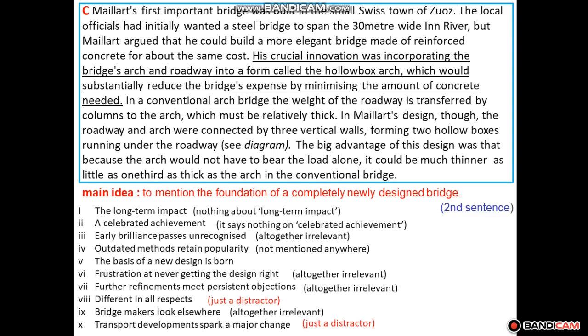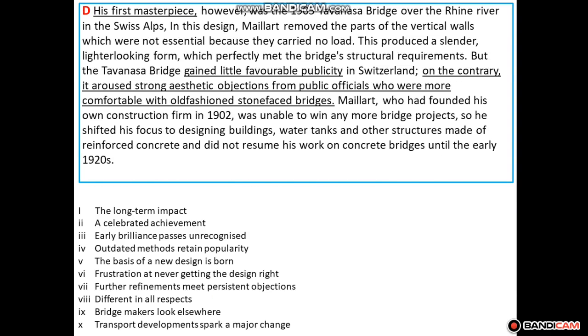So here again we have two distractors which seem similar to the actual heading we are looking for, and that is number 5, the basis of a new design is born. Okay, now look at the main idea: to mention the foundation of a completely newly designed bridge. Fine. So that's why I'm repeating this process with all the paragraphs so that it gets fixed in your mind.